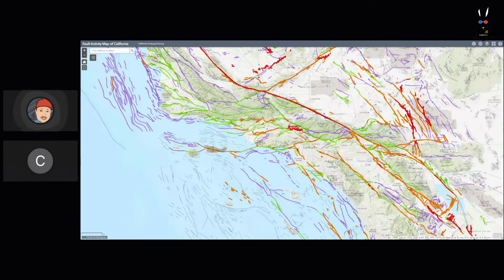Zimbabwe 4.2. Thought I saw a 5 in here. Well, Guerrero was a 5, wasn't it? Yeah, Guerrero popping with 3s right now. Greece is still saying hello. Yeah, Guerrero again, 3. Oaxaca, 3.